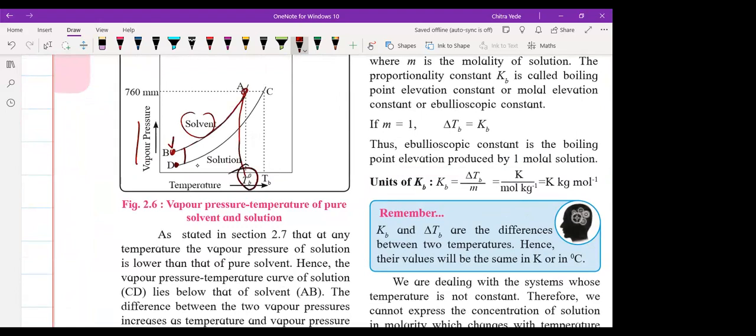But now we have added a non-volatile solute, so the vapor pressure decreases up to here, beta. Now if it is going to boil, it boils at that particular temperature. The difference from here to here is called delta TB. Okay.